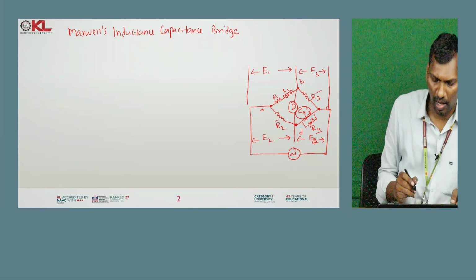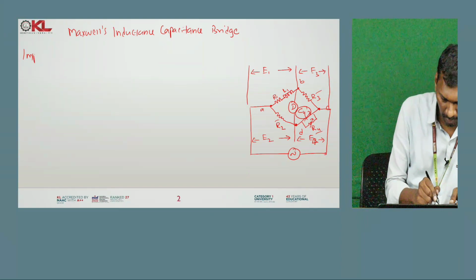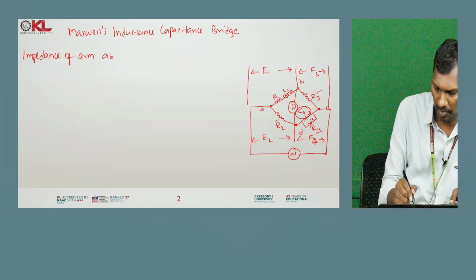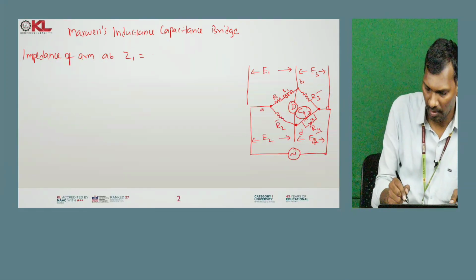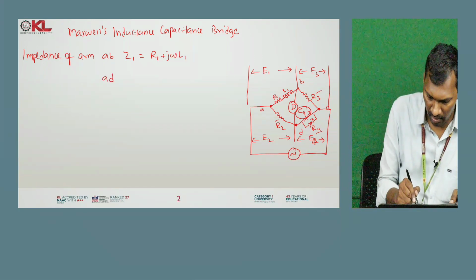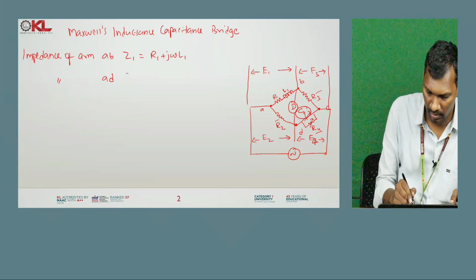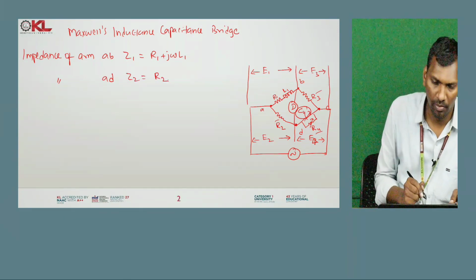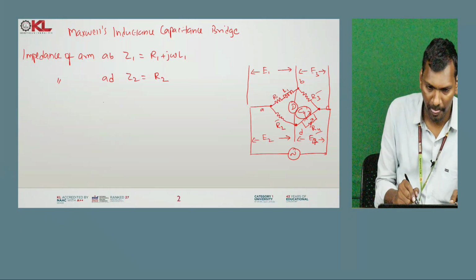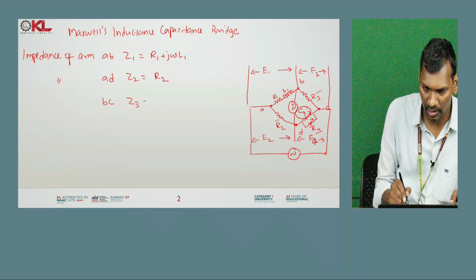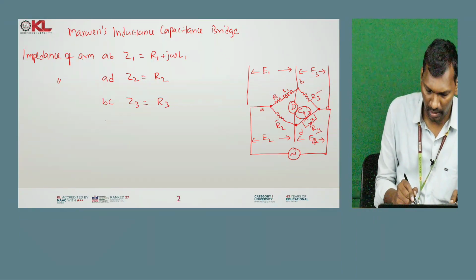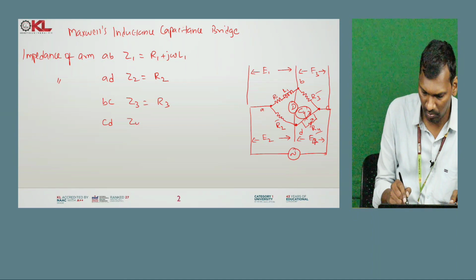Now the impedance of arm AB, let us say Z1, is equal to R1 plus J omega L1. Similarly, the impedance of arm AD is Z2, which is equal to R2, and the impedance of arm BC is Z3, which is equal to R3, and the impedance of arm CD is Z4.